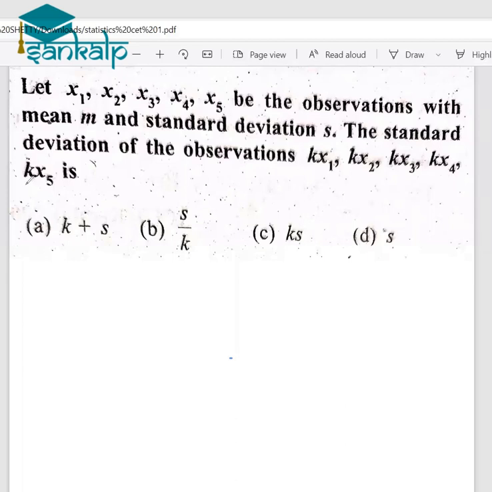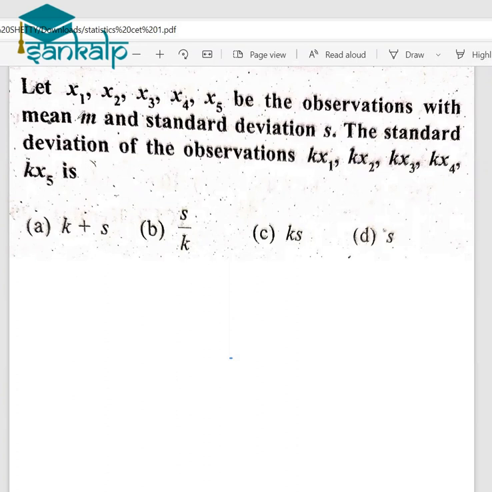Question number 9. Now let x1, x2, x3, x4, x5 be the observations with mean M and standard deviation S. The standard deviation of the observations kx1, kx2, kx3, kx4, kx5 is, okay.